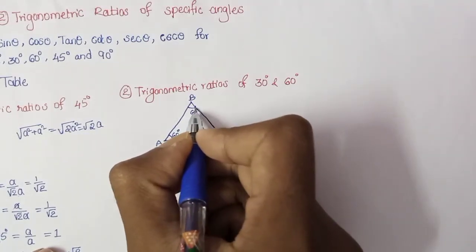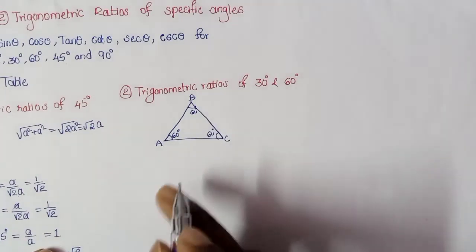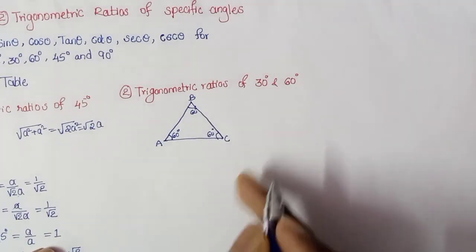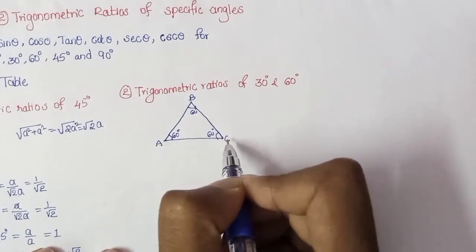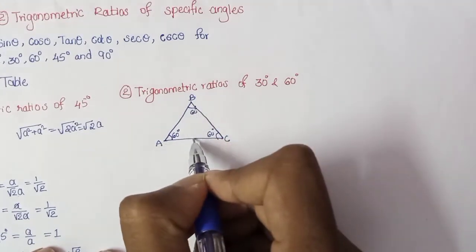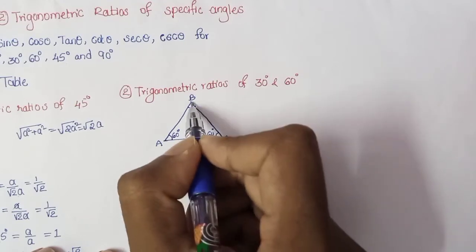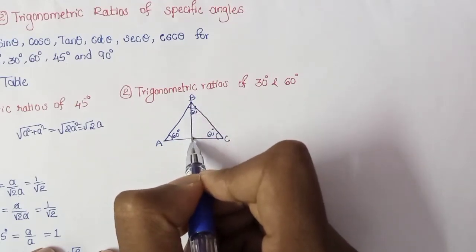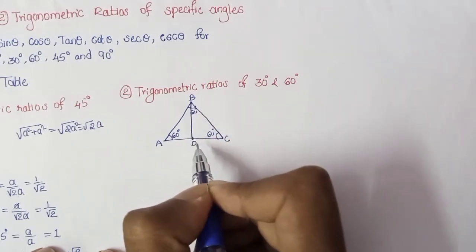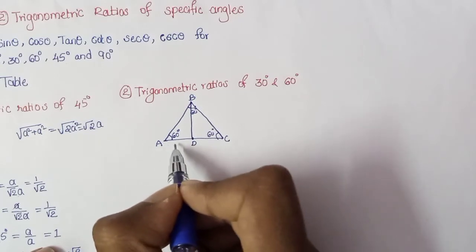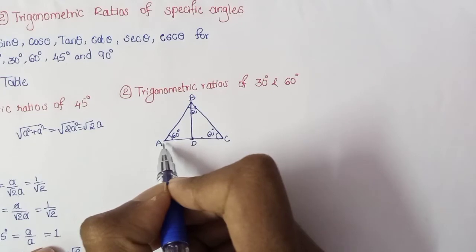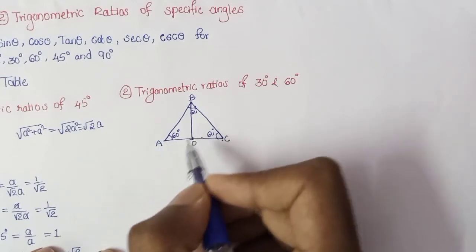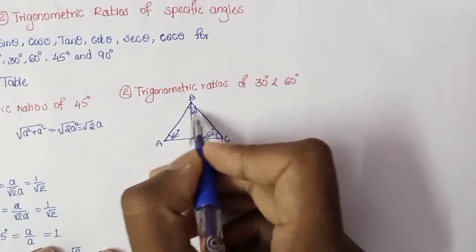All the angles are 60 degrees. In this equilateral triangle, if you draw a perpendicular bisector to AC, it will bisect AC exactly at the midpoint, and it also bisects the 60 degree angle.